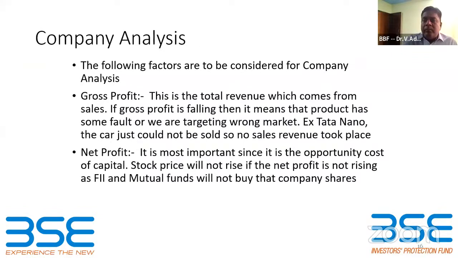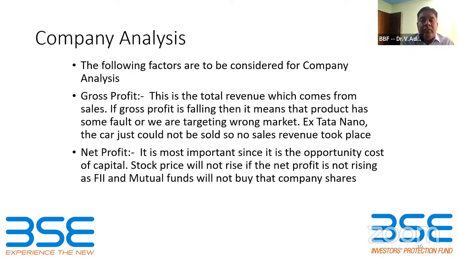Finally, friends, we come to the analysis of the company part: what factors you should see before you finally buy a stock. The first and foremost factor you should always figure out is gross profit. Remember, friends, gross profit is very important because it reflects your sales revenue.